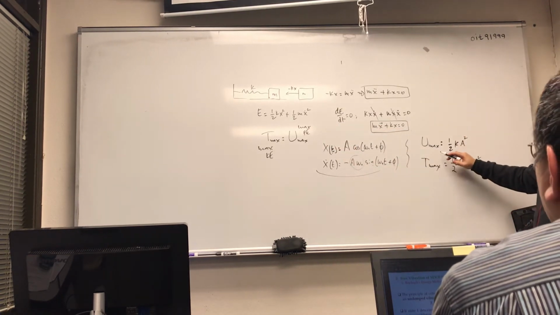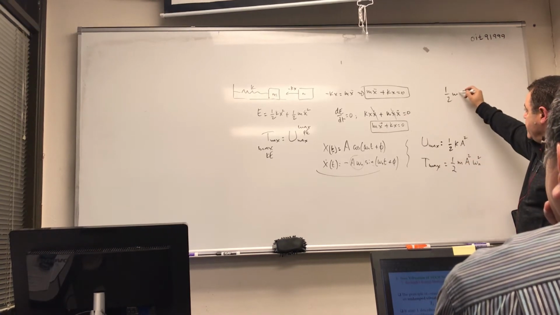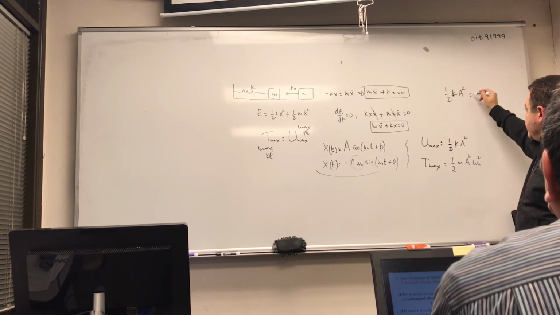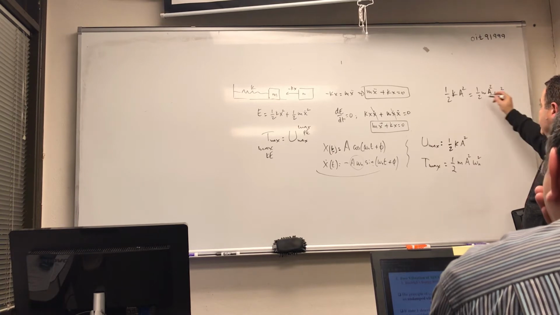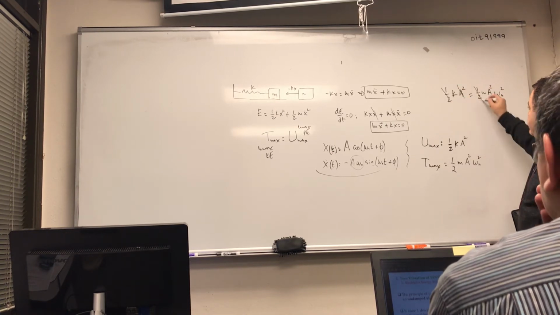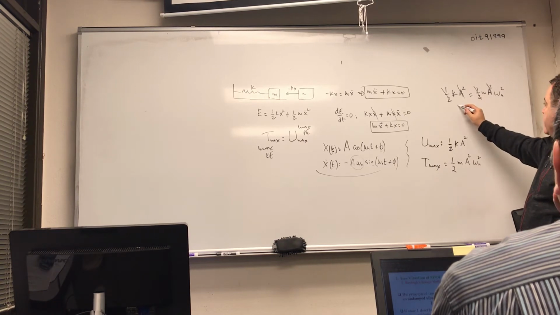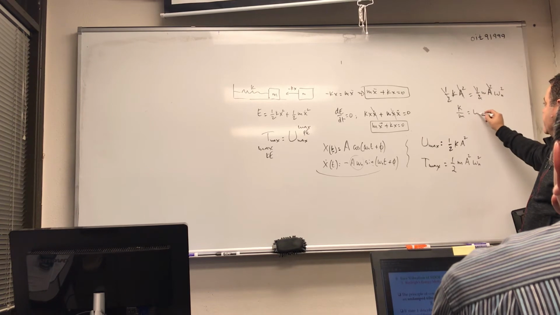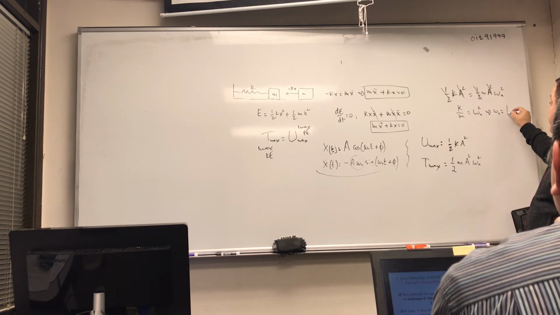Now, what does Rayleigh tell me? It tells me that this should equal to that, right? 1/2 of k A squared is equal to 1/2 of m A squared omega n squared. I can get rid of the half, I can get rid of the A squared, and then what do I end up with? I divide by m on both sides, k over m equals omega n squared, meaning that omega n is equal to square root of k over m.